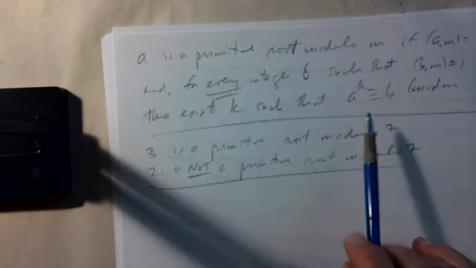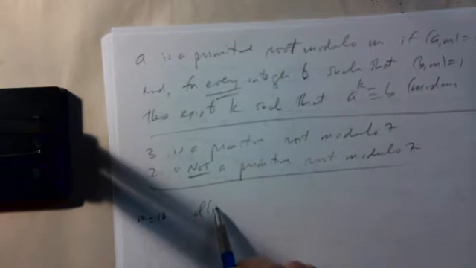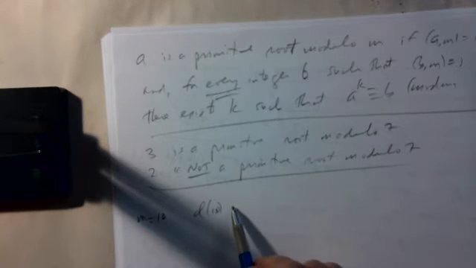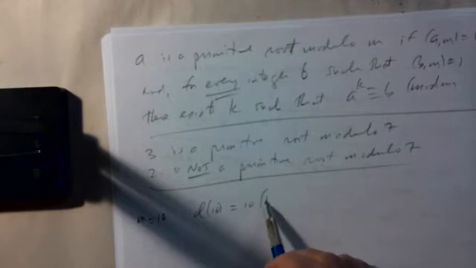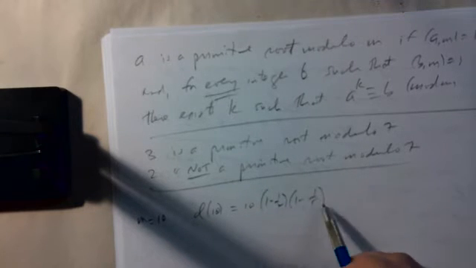So this notion of a primitive root makes sense for a modulus, whether it's prime or not, but it doesn't mean that primitive roots exist. Let's look at some examples. Suppose I take m equal to 10. So what is phi of 10? Well, 10 is 2 times 5. So this is 10 times 1 minus a half times 1 minus a fifth.